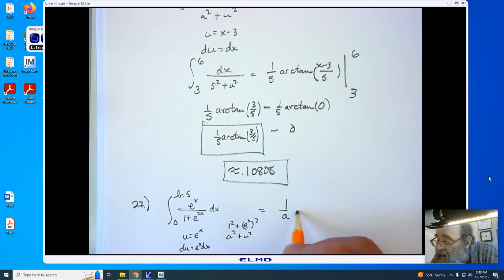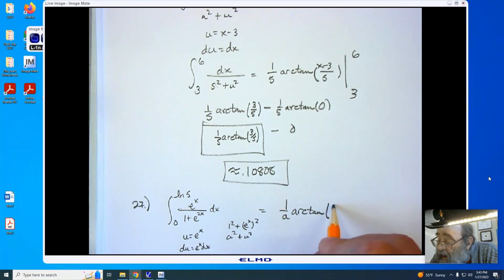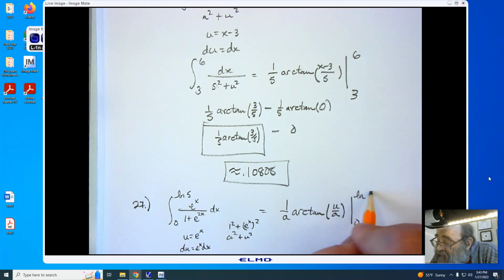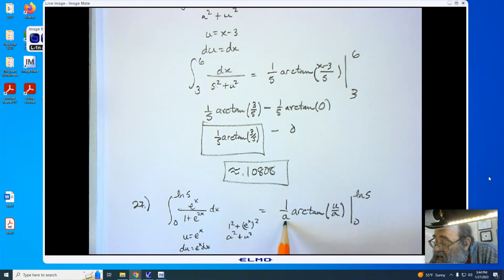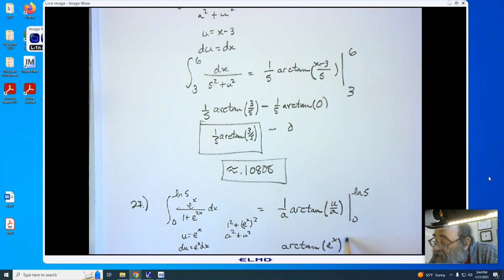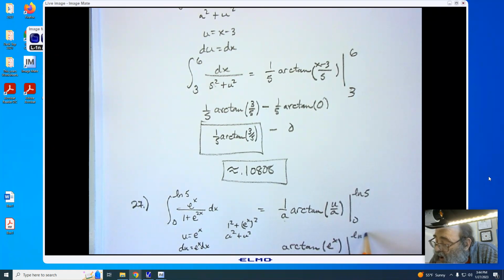And I'm just going to go ahead now and go directly to my answer. 1 over a arc tangent of u divided by a, and we're going from 0 to natural log of 5. We're going to put in 1. This is leaving me with the arc tangent, and I have e to the x from 0 to the natural log of 5.